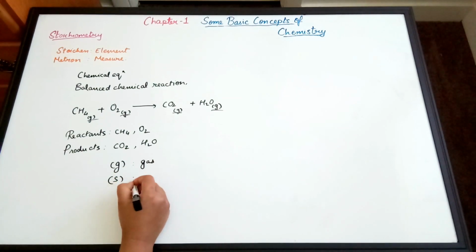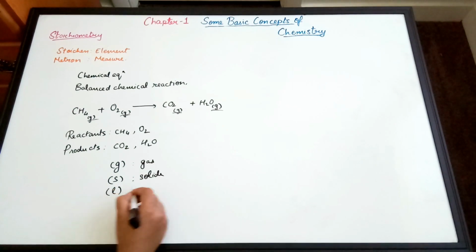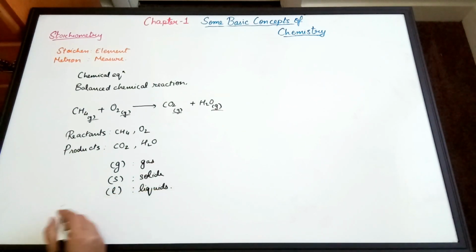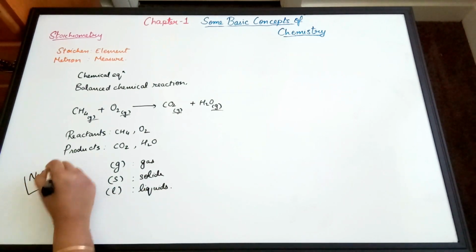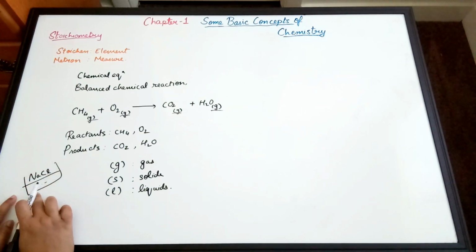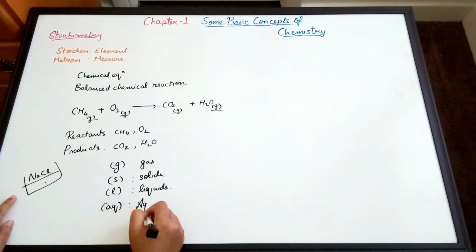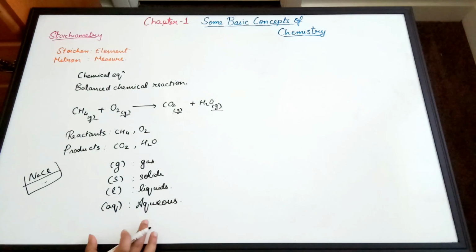For solids, it's written as S. For liquids, it's L. And if a salt, let's take sodium chloride, is dissolved in water, this is written as aqueous. So in a balanced chemical equation, you also have the state of each substance.